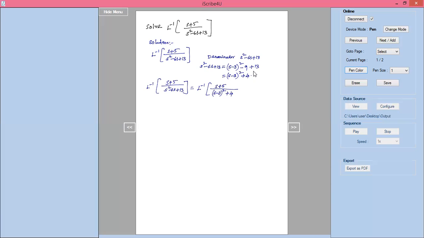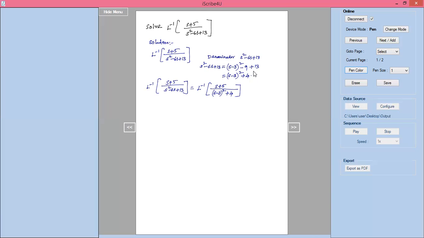So using this, s plus 5 divided by s minus 3 whole square plus 4.